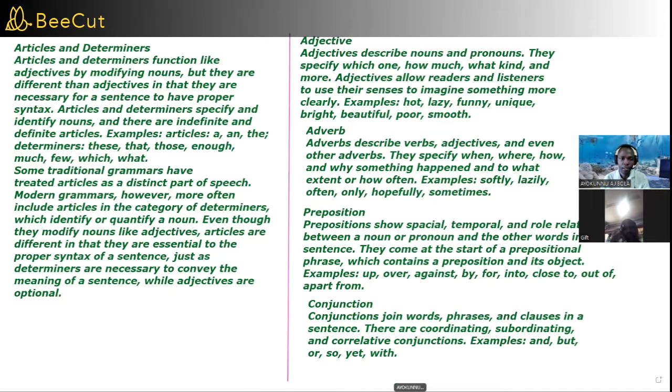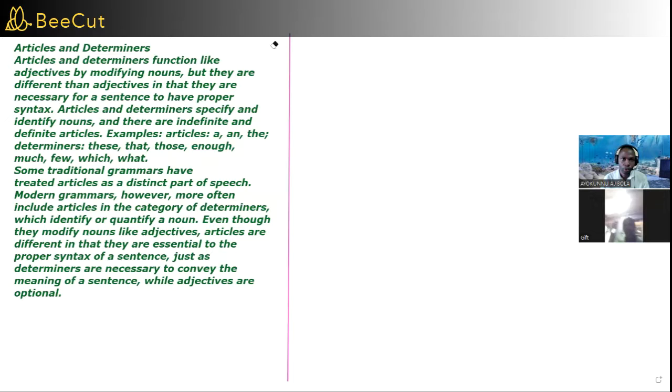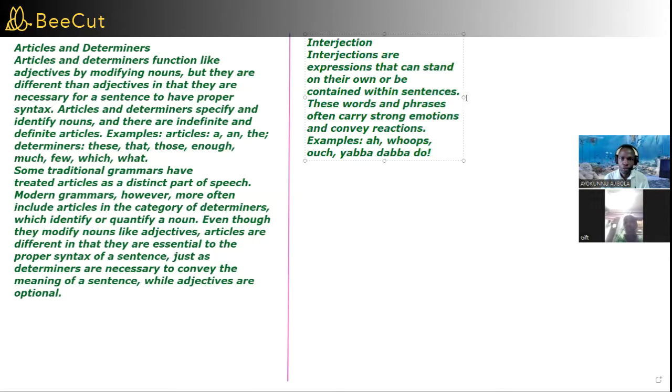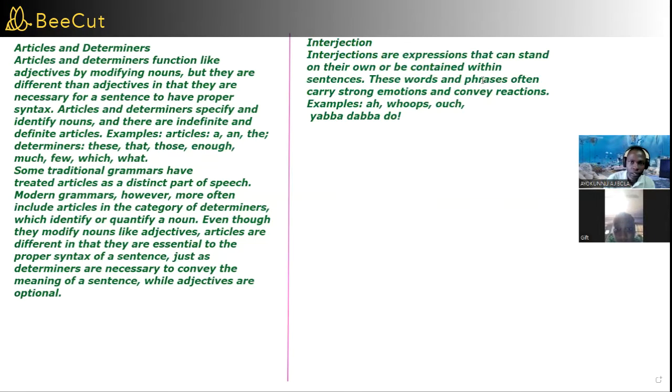The last thing we have to look at before we go into the sentences where we identify the parts of speech is the interjection. Interjections are used to show exclamation and expression. Interjections are expressions that can stand on their own or be contained within a sentence.